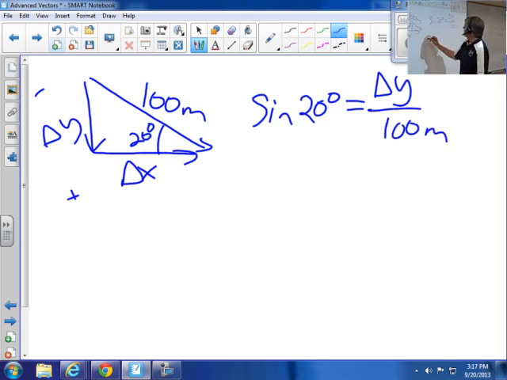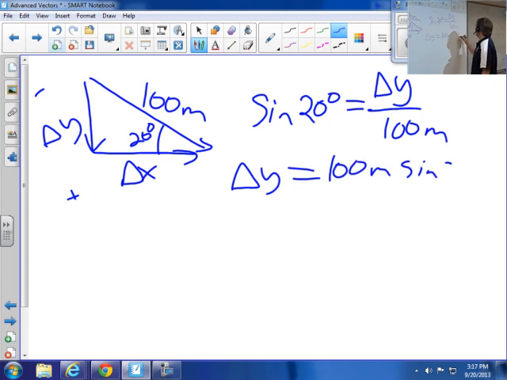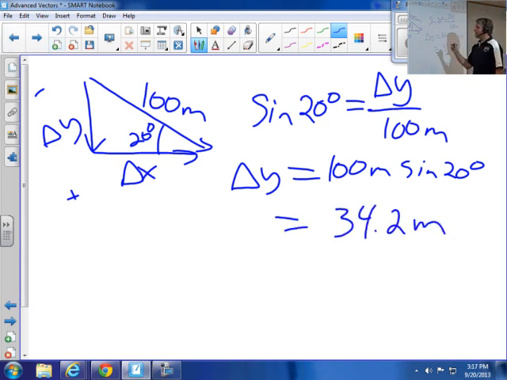And if I rearrange, I have delta y is 100 meters times the sine of 20 degrees. And if you take just a moment and you put that in your calculator, you'll come up with 34.2 meters. And again, since it's downwards, it must be negative. I have to add that sign myself.